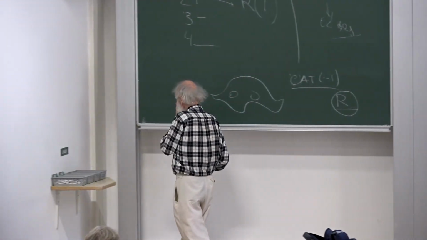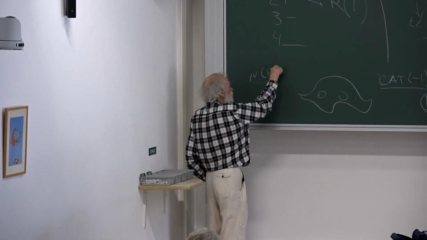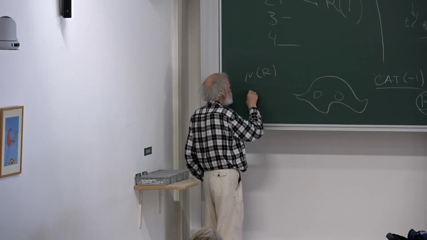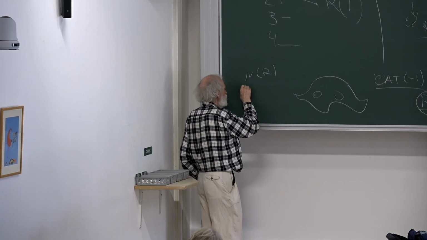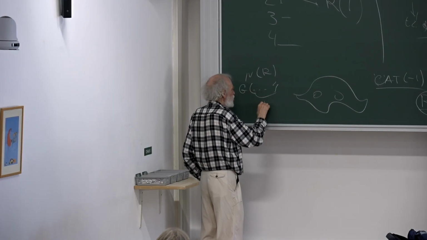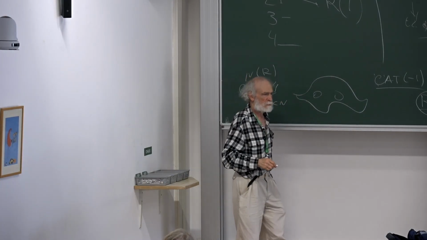And then there is a number n depending on this R, possibly on the dimension of the space, probably not, such that any subgroup generated by fewer than n elements is free. Right?